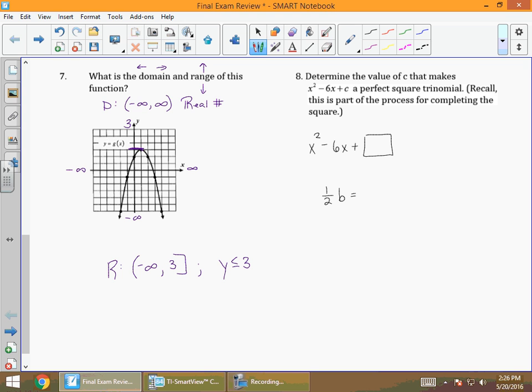So in this case, half of -6, which is -3, and then square that number. So -3 squared is 9. So c needs to be 9. Half of the middle term squared.